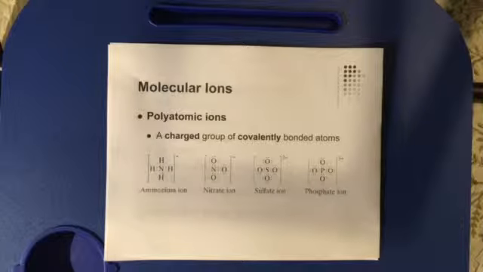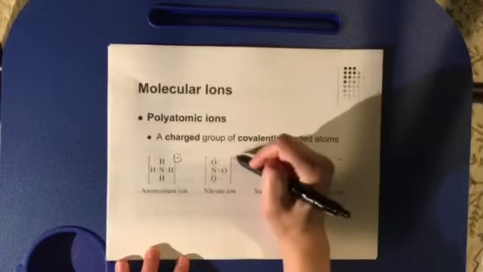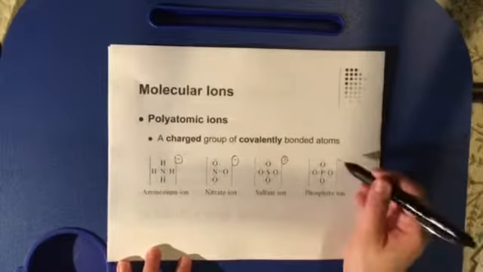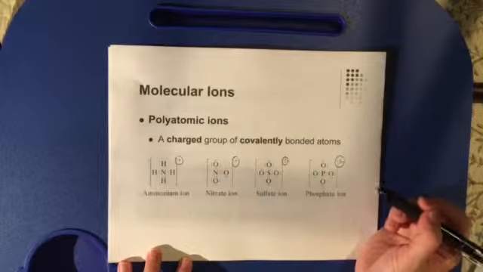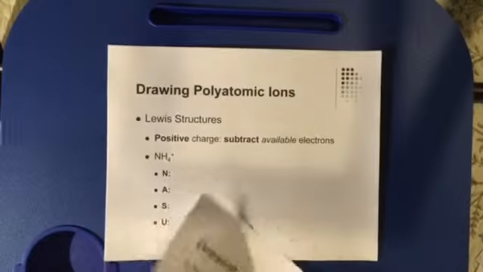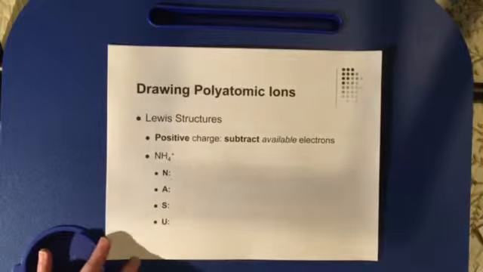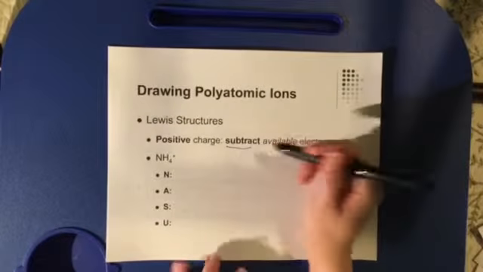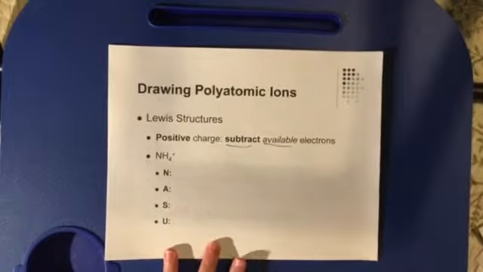And so you're going to be subtracting or adding electrons based on the charge, because you've got this covalently bonded compound, but it's an ion because it's carrying a charge. And so if you have a positive charge on the polyatomic ion, which only happens really with ammonium, you're going to subtract from the available electrons.